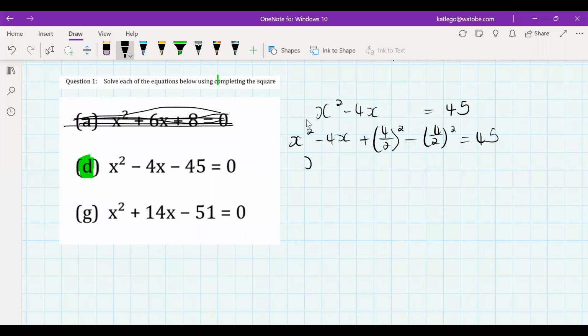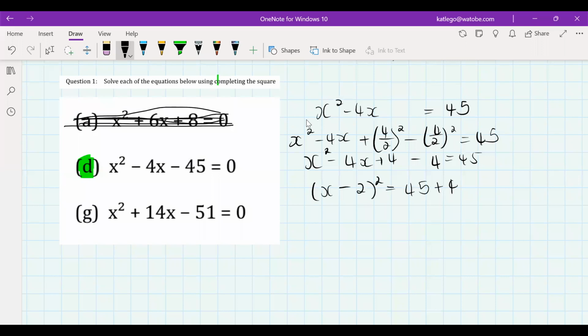So then we have x squared minus 4x plus 4, equals 45. And our bracket will be... am I doing the right thing? It looks like it, so I'm just going to keep it going. 45 plus 4 squared. Sorry. Okay, that's a square bracket.